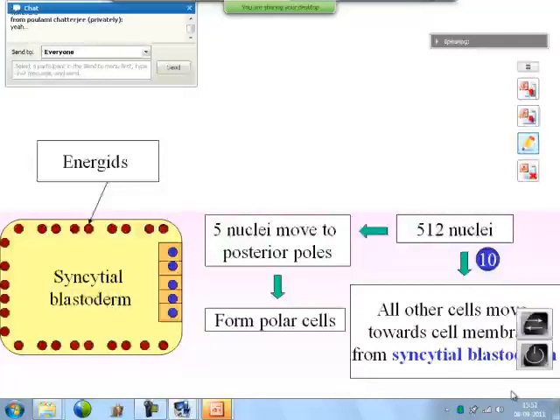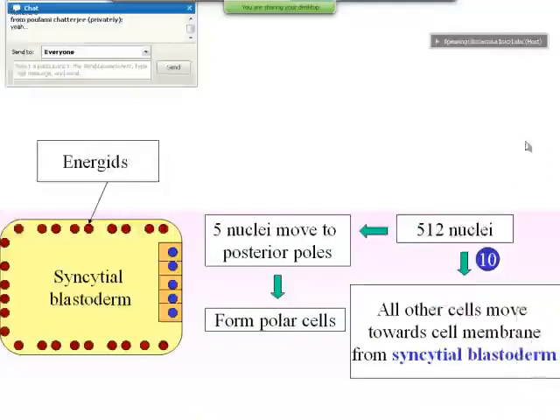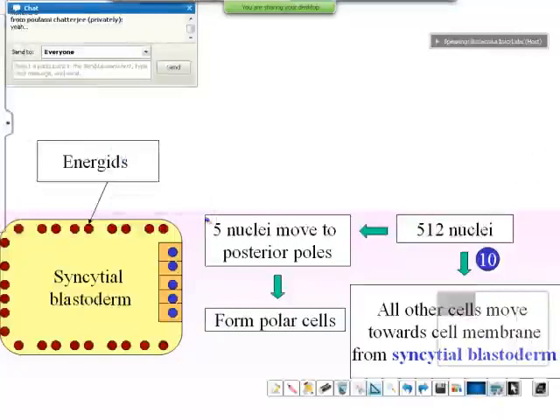Now one more thing: these nuclei are called energids. Not only the nuclei, don't get a misconception. The nucleus along with the cytoplasm which is surrounding this particular nucleus. This is the nucleus, you just color it, and the area of the cytoplasm surrounding this particular nucleus is called an energid.